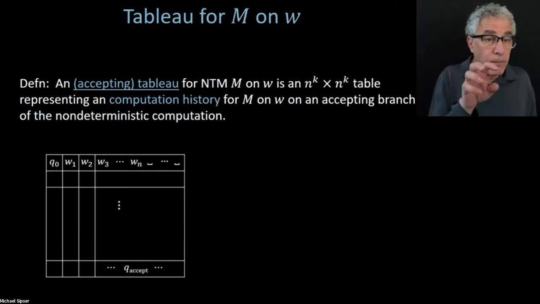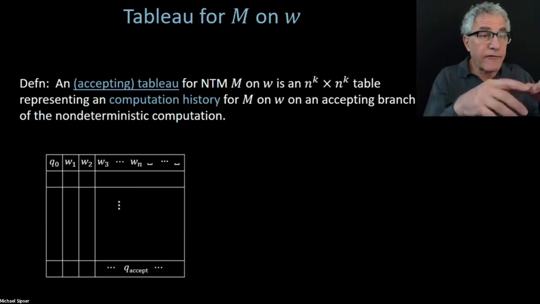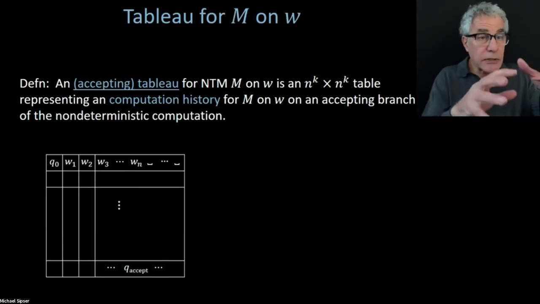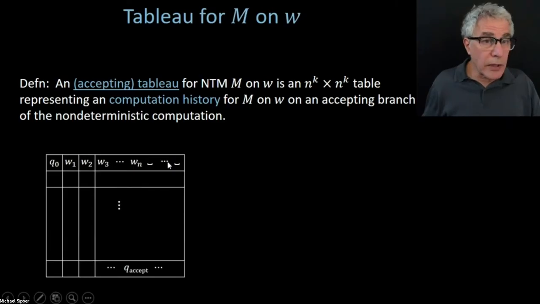And so the whole point is that we're going to make our formula represent the statement that there is a tableau. And satisfying that formula is going to correspond to filling out the symbols in the tableau to make it a tableau.